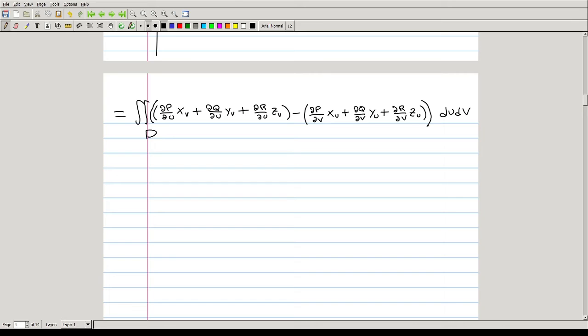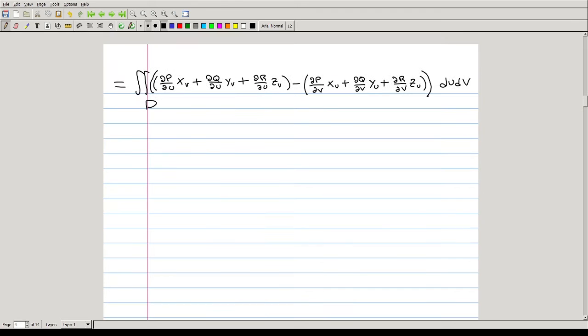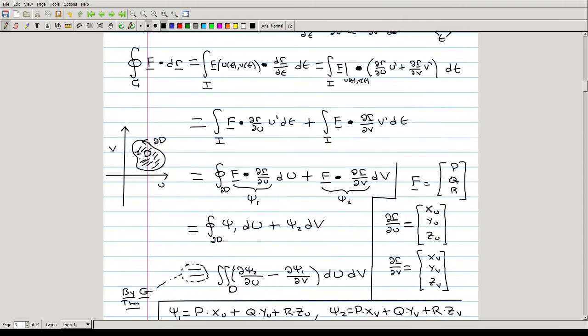Now, this is long, and you might be wondering how we're going to actually get exactly what we want. But rest assured, we will be able to get it. We're going to have to use the chain rule again one more time, though, and it's going to become a little bit longer than this as well. But just remember where we are.